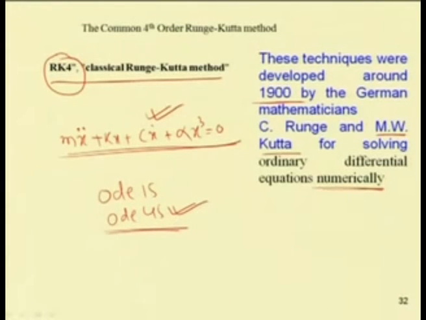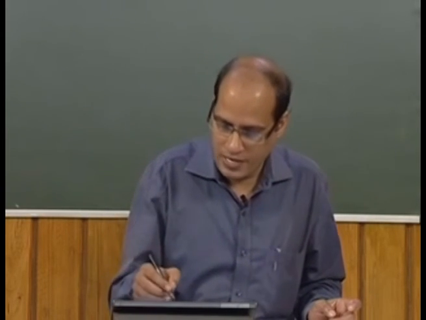By using this RK4 method, one can find the response of the system when it is given in this temporal form. But in that case, one will get the response corresponding to a particular initial condition. By changing the initial condition, one may have a different response of the system.